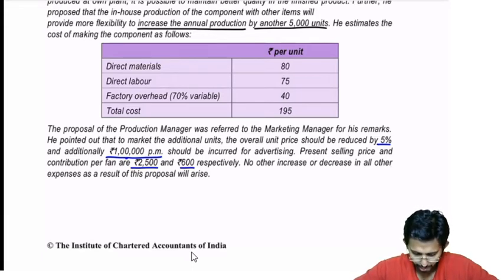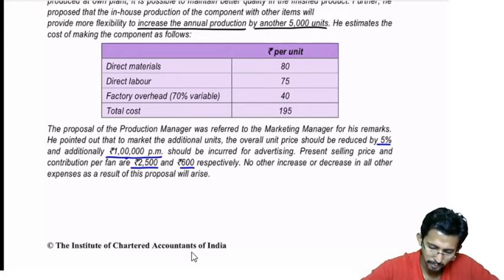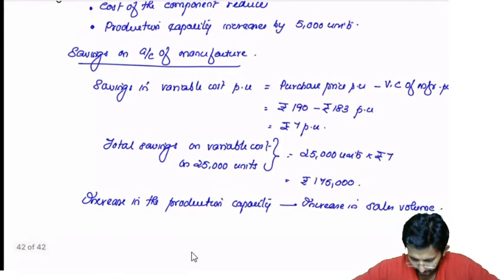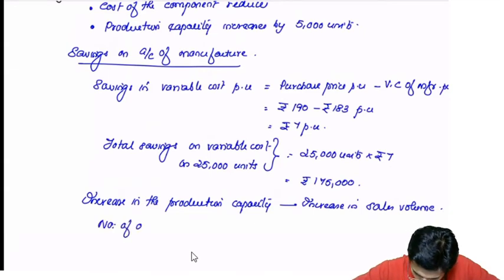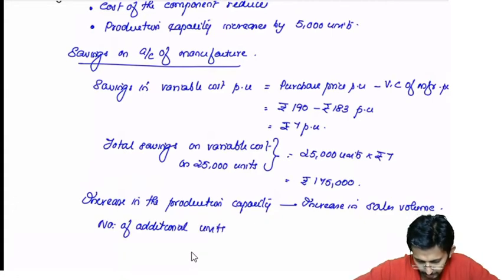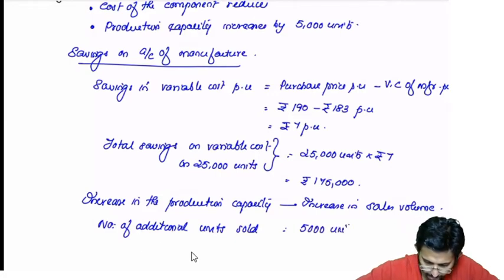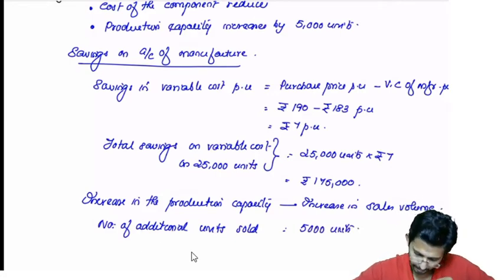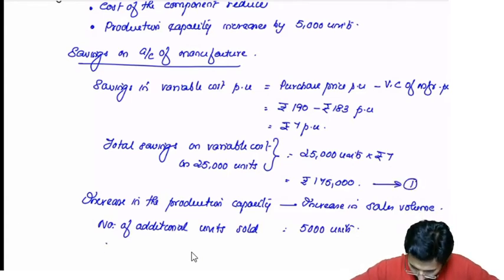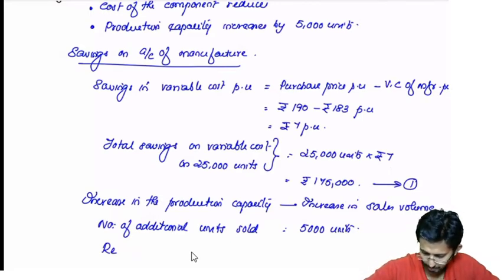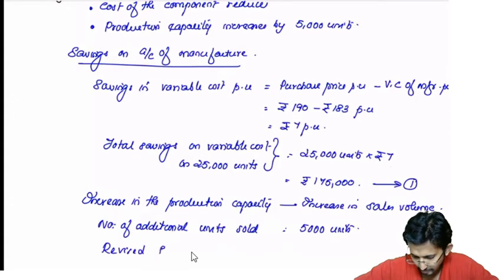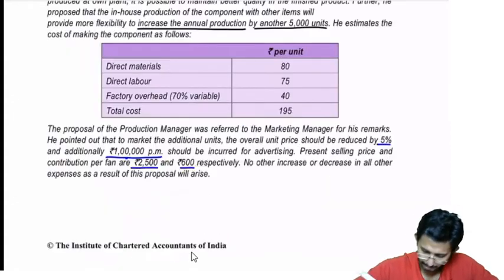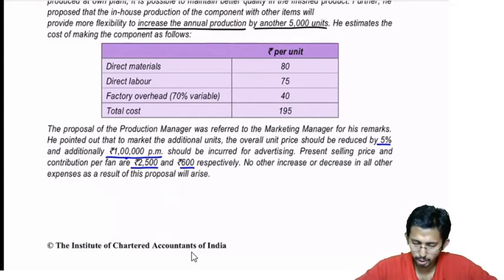Present selling price and contribution per fan are 2,500 and 600 respectively. So first, the number of additional units sold is 5,000 units. Then the reduction in revised selling price per unit: presently it is 2,500, and it has to be reduced by 5%.